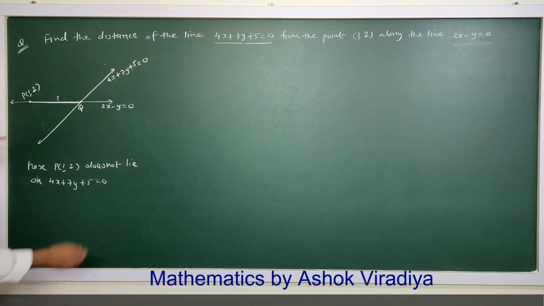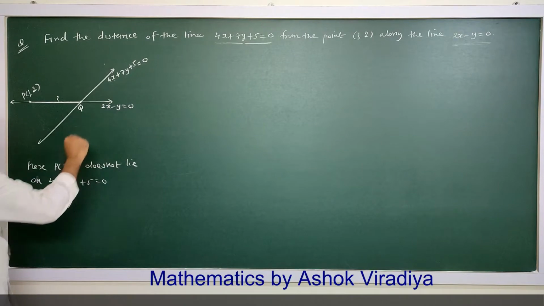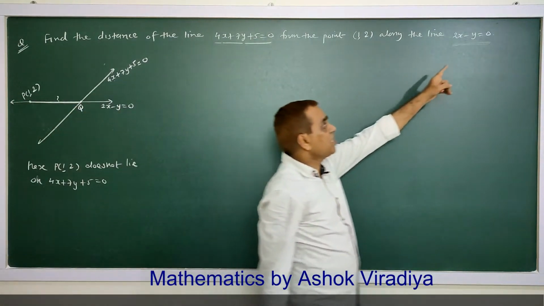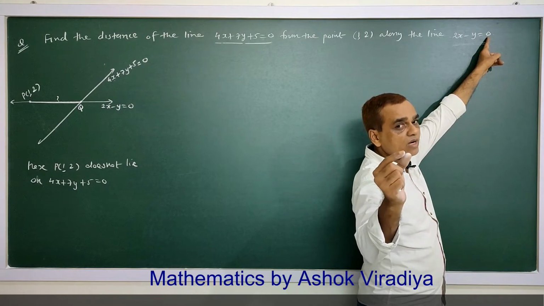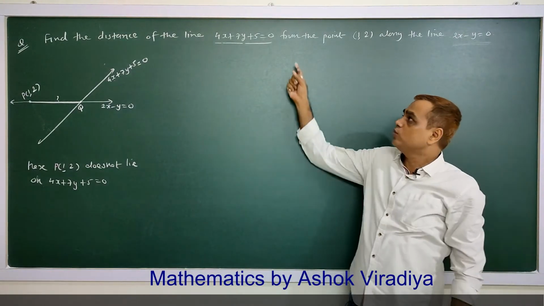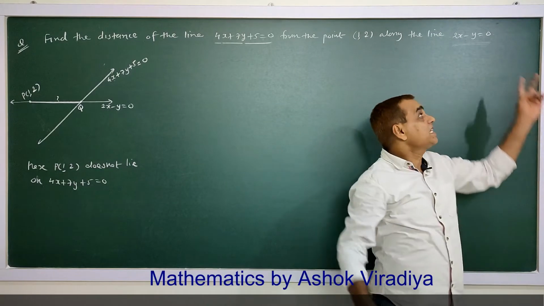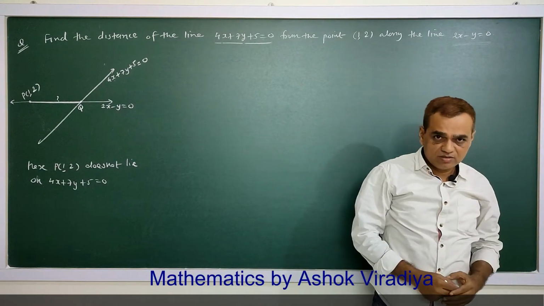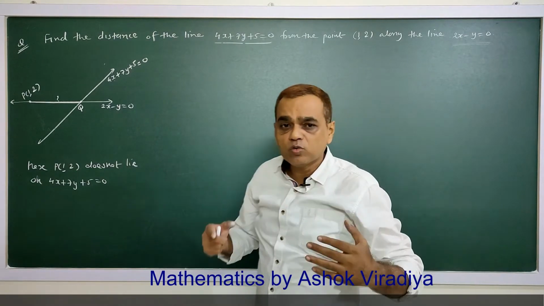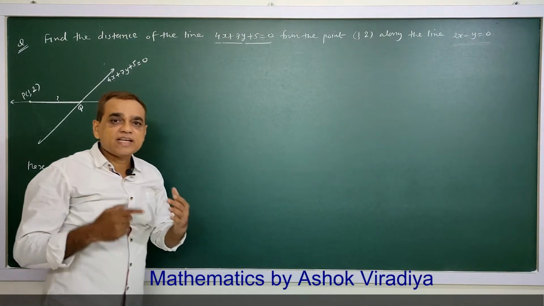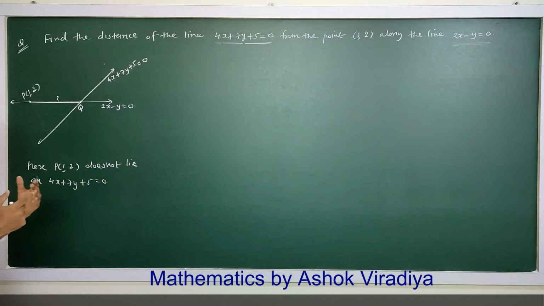Otherwise, if here this constant is changed, instead of 0, if some other number is given, then 1, 2 may not satisfy that equation. In that case, we have to keep 1, 2 as an exterior point.